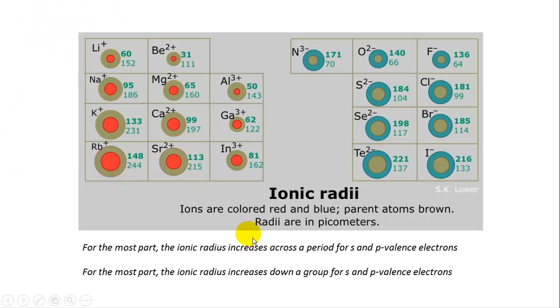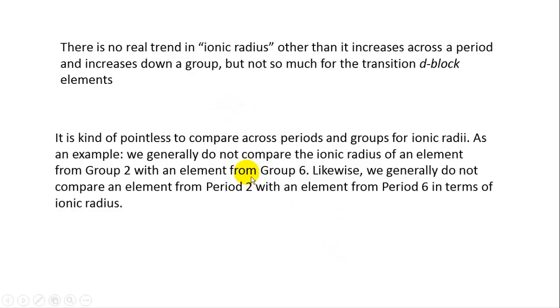So there really is no trend for the ionic radii unless you want to really talk about going down a group for s and p electrons and across a period for the s and p electrons, though the trend is really not as great as you would be expecting. So in other words, if we are to compare a trend in ionic radii, we really have to look at groups between groups and between periods.